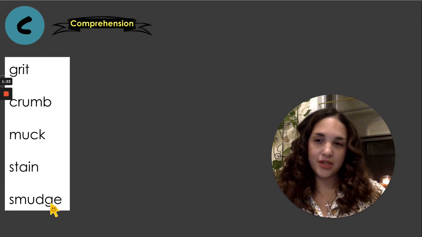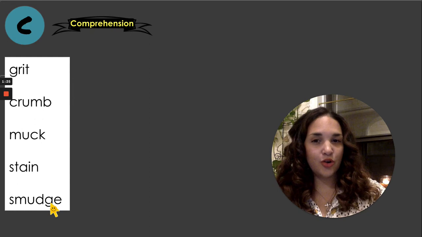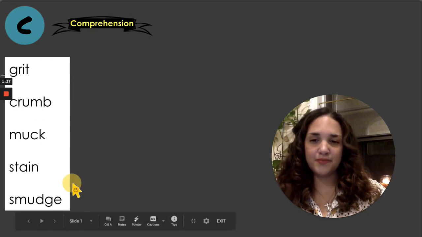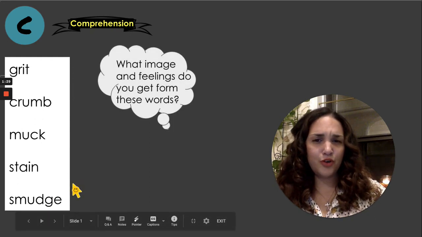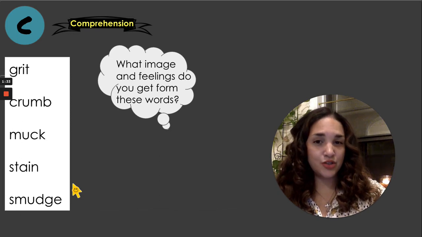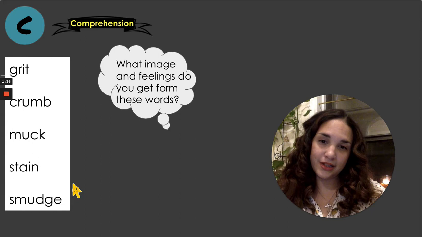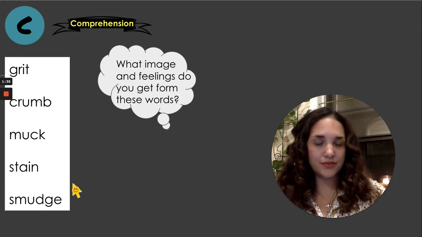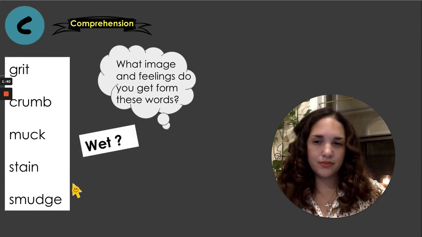Well, boys and girls, these words all have something in common. But before we get there, let's try to figure it out. What image or feelings do you get from these words? Do you see anything that's maybe wet?